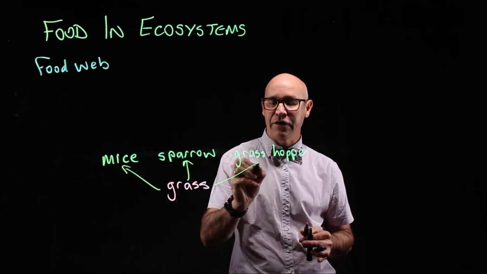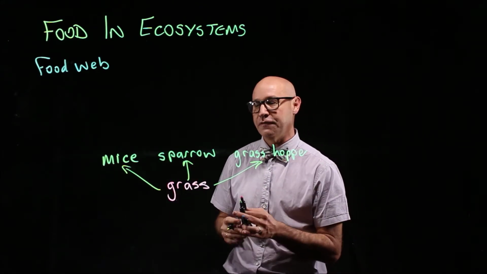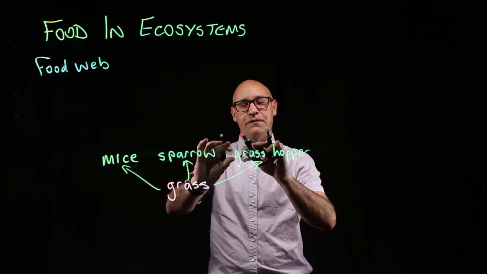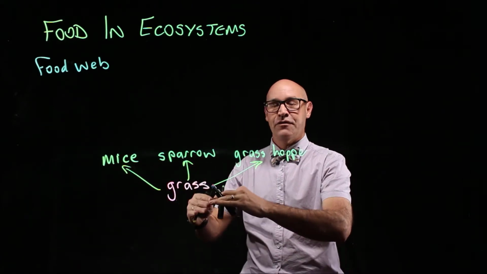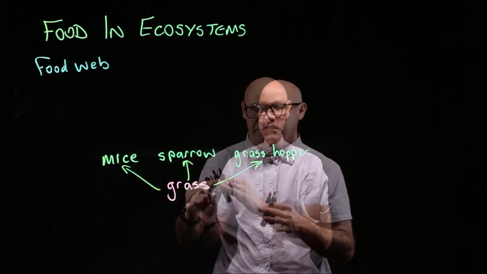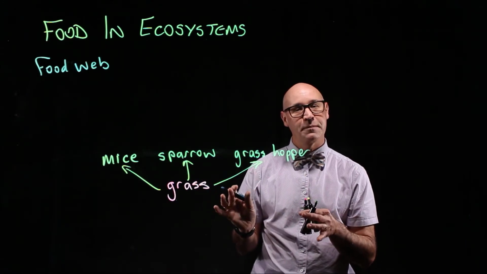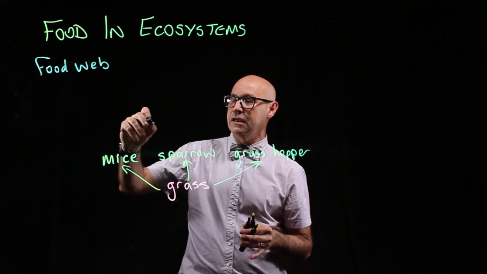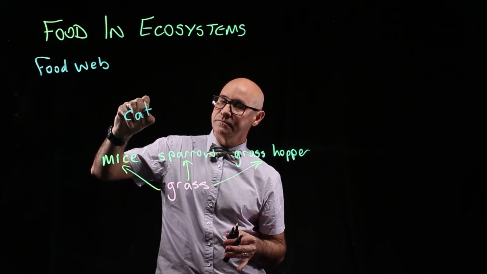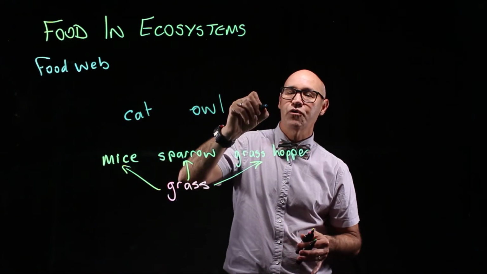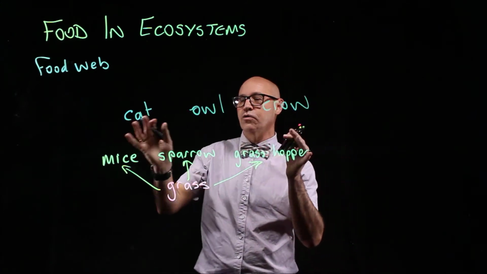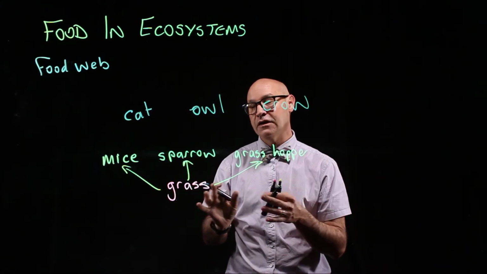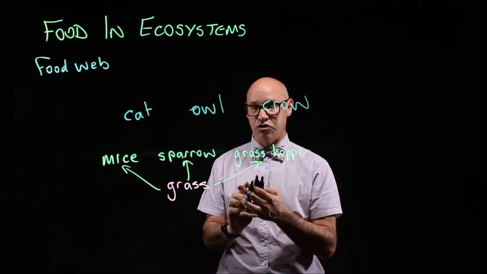And we draw our arrows in the direction of the energy flow, because these first order consumers get their energy from the grass. Now, in this particular food web, we're also going to have three second order consumers: cat, owl, crow.